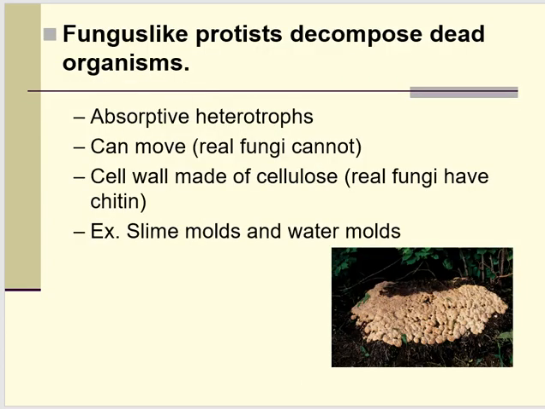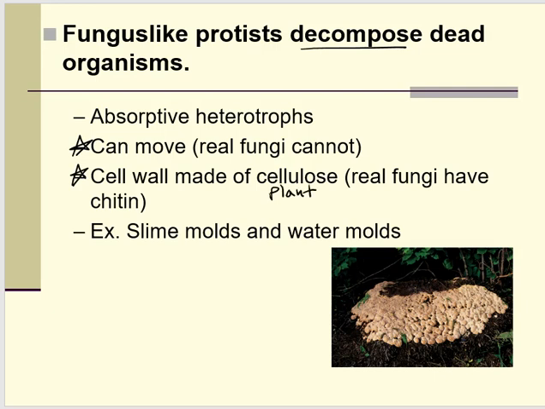Fungus-like. Protist, decomposed dead organisms. They are similar to fungus, except for two things. They can move. Fungus can't. And their cell walls are made of cellulose. What do we know about fungi?